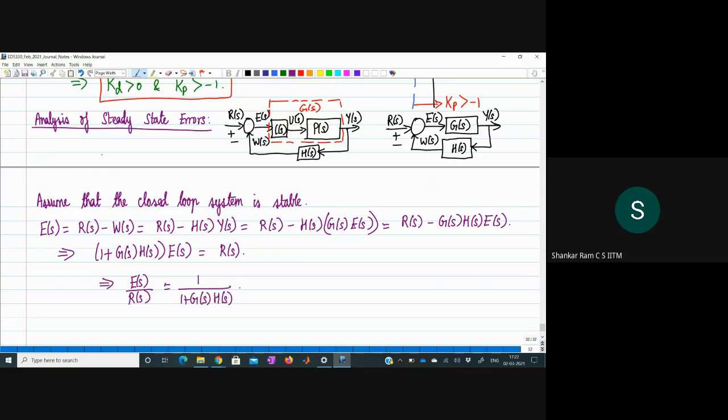This is the ratio of the Laplace of the error signal to the Laplace of the reference input signal. So E of s is going to be equal to 1 divided by 1 plus G of s H of s, the whole thing multiplying R of s.